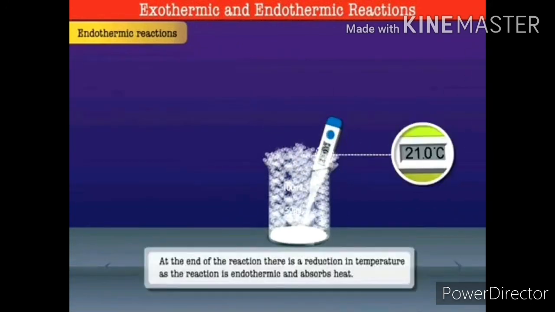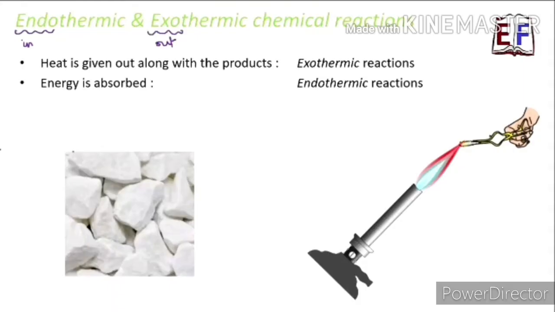At the end of the reaction, you will see that there is a reduction in temperature as the reaction is endothermic and absorbs heat. Now, if we talk about more examples, let us talk about, say, combustion reaction. Combustion reactions are all exothermic in nature. Why is this so? Because during a combustion reaction, lot of heat energy is released, that is, heat is given out.